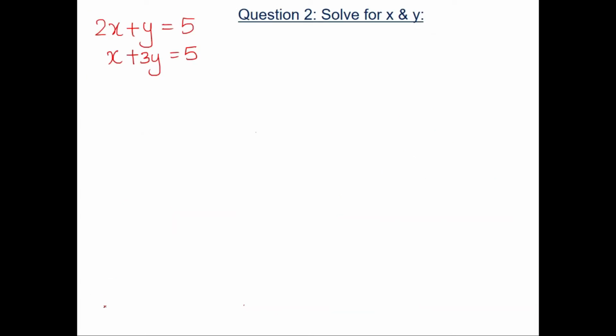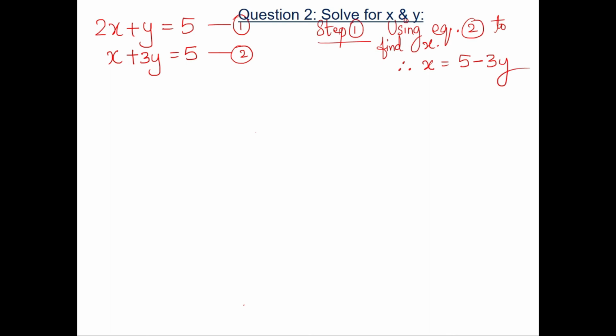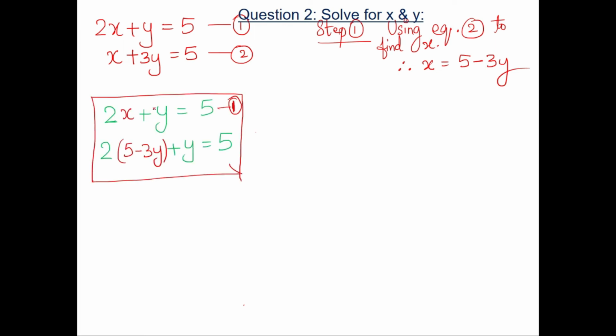Question 2, solve for x and y. You can start with labeling the equations as 1 and 2. Then step 1, where you're going to use the second equation. Here it's easy to write x in terms of y. So x is going to be 5 minus 3y. Step 2 is to substitute. You have 2x plus y equals 5, the first equation, in which you're going to replace x with 5 minus 3y.